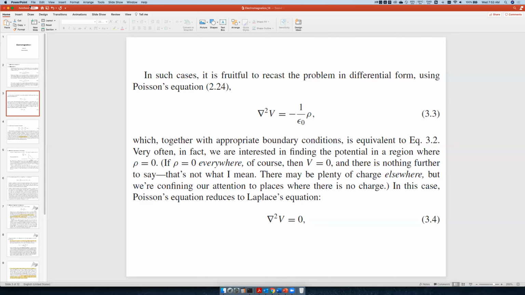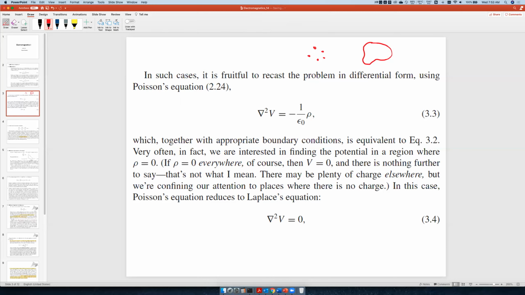For example, if we draw a picture here, usually our charges could be some point charges or some charge density distributions in some materials, but you want to find the electric field lines or electric potentials in this region, let's say.